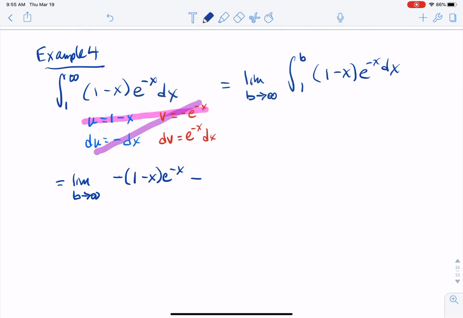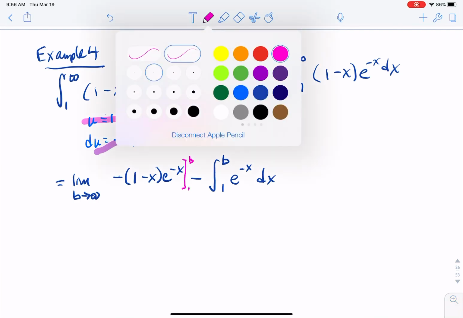Okay, and since both of these things are negative, those negatives are going to cancel out. And again, this is from 1 to b of e to the negative x dx. This is what some books definitely do: they remind you that this is still from 1 to b, so that whenever we go to evaluate this in terms of FTC, the b and the 1 still get stuck in for x on that portion as well. All right, so now we need to take the antiderivative of this other part here.